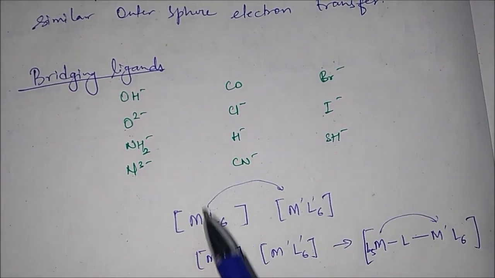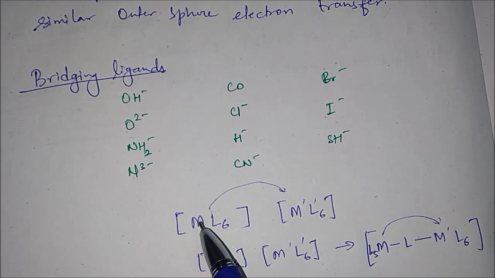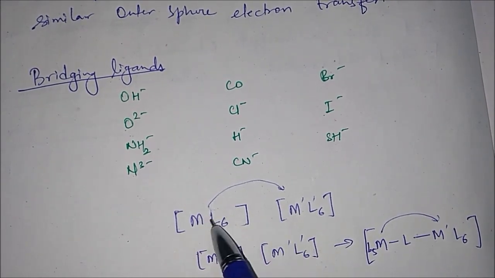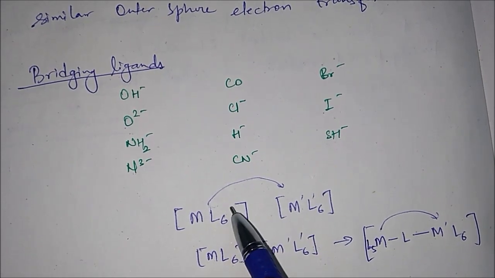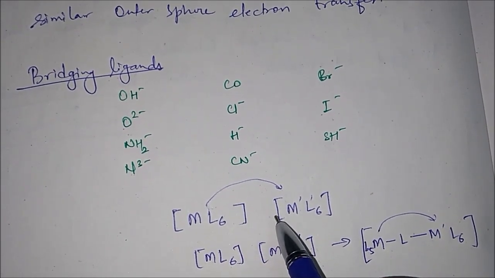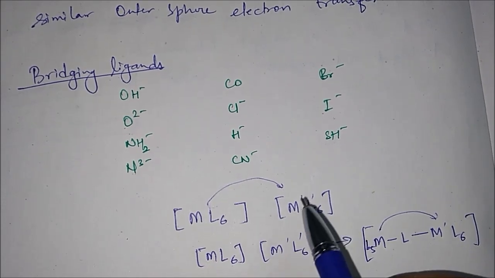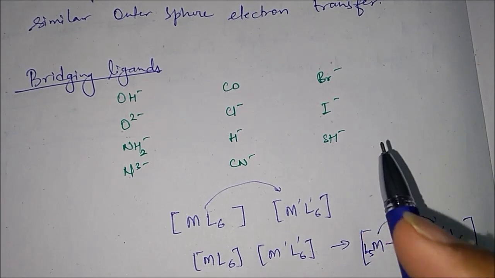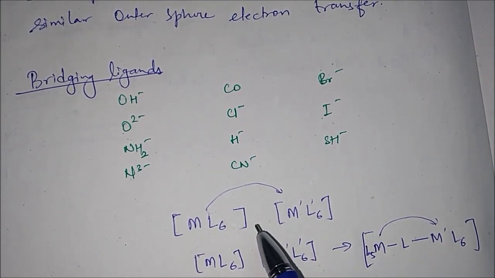While in the previous case where we have studied outer sphere, we have seen that they come closer to each other, but they were not getting merged into a single sphere. They were coming closer, and then the elongation and compression was taking place, like the bond lengths were changing because of that Franck-Condon rule.